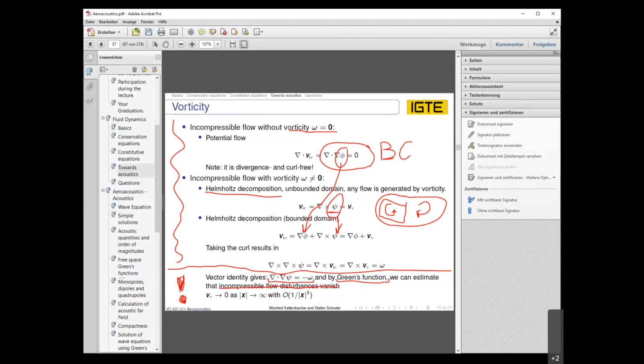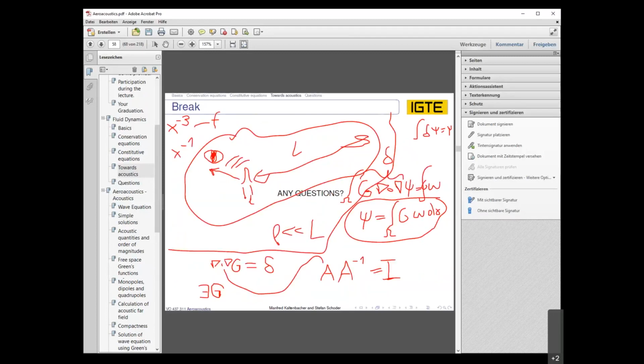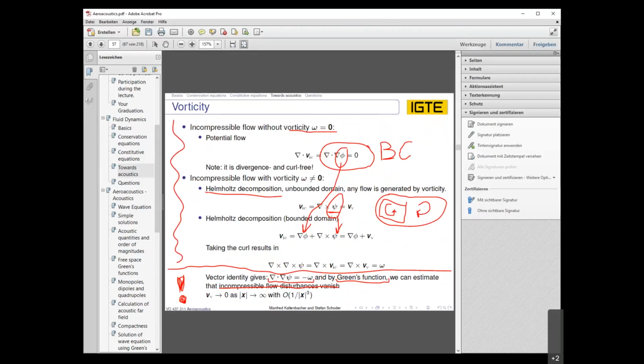Okay. Therefore, I said before that the length of the vorticity distribution must be small compared to the length of the domain. So this was the assumption that we can use a free field Green's function. So the solutions that you presented now do not depend on the Green's function.